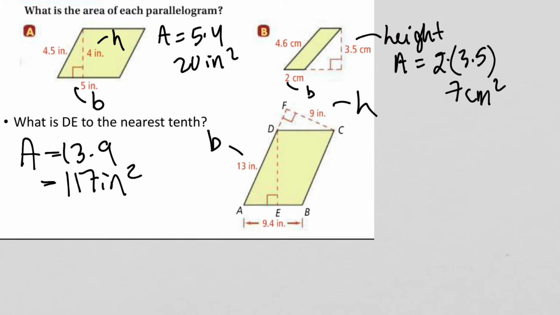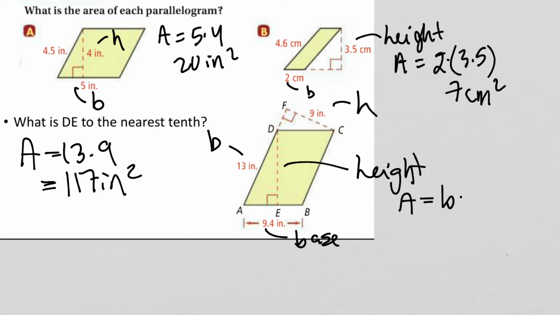But now they want to know, what's the height going the other way if I turn it the way it is right now, and AB is the base? This is the new height that I'm looking for, DE. Well, we know the area going the other way is going to be the same. So area is base times height. We got the area to be 117.